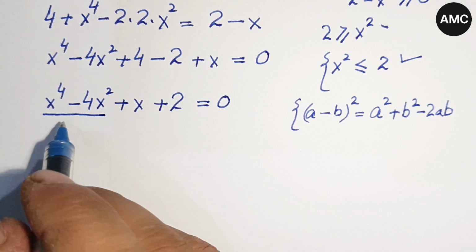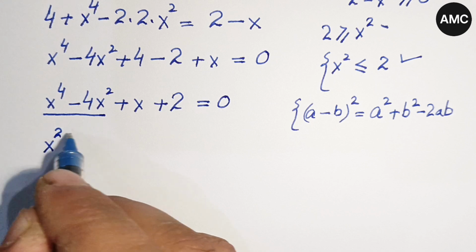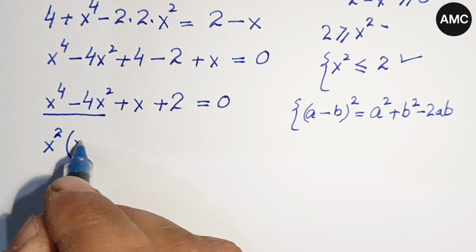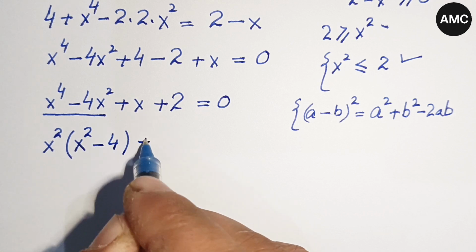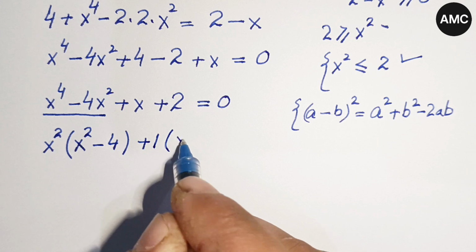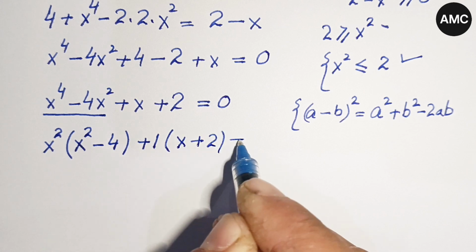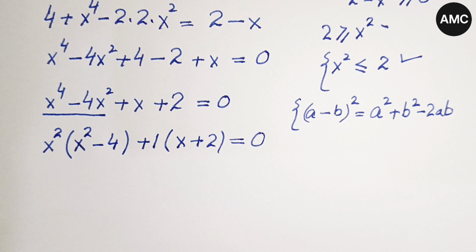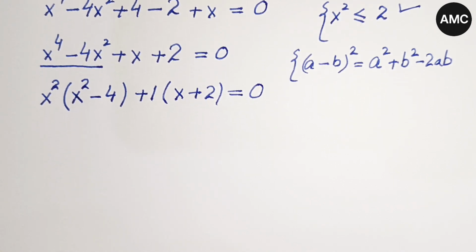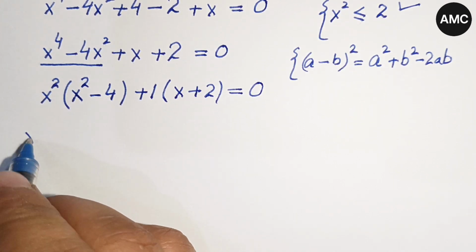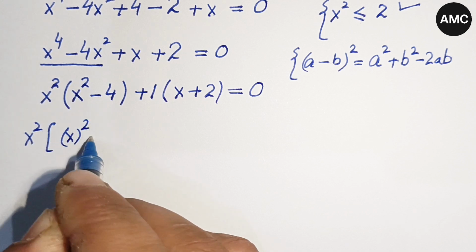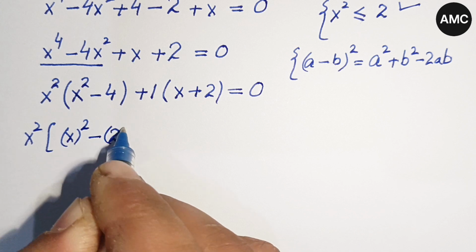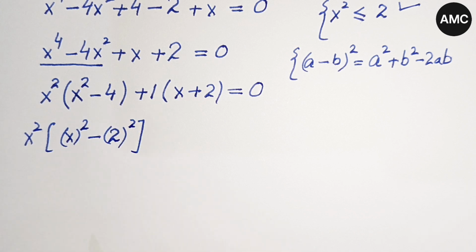Now here, in x to the power 4 minus 4x squared, x squared is common, so taking it out, inside the bracket we get x squared minus 4. And from the other pair, taking plus 1 common, we get x plus 2, which is equal to 0. Now we solve step by step. x squared minus 4 can be written as x squared minus 2 squared, which is a squared minus b squared.